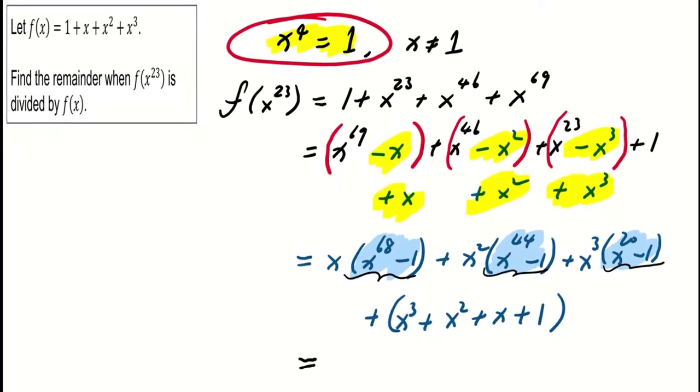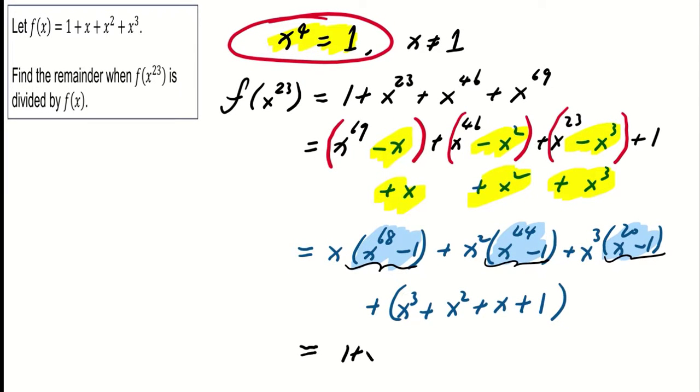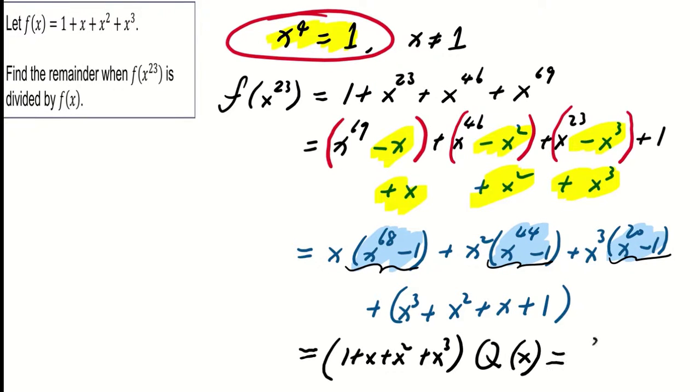So the remainder, when f(x)^23 is divided by f(x), will be equal to 0 because f(x) is a factor of f(x)^23.